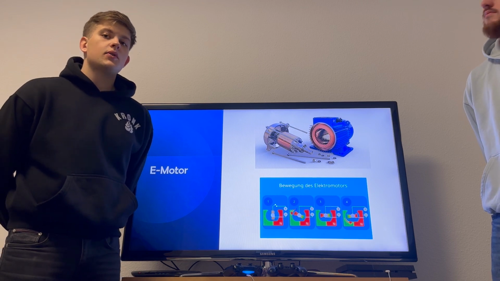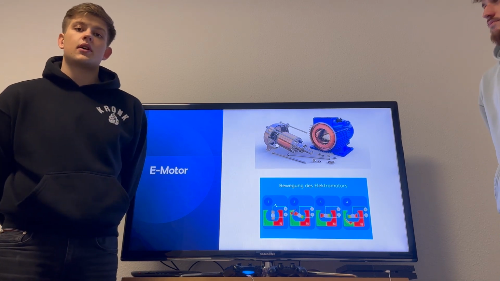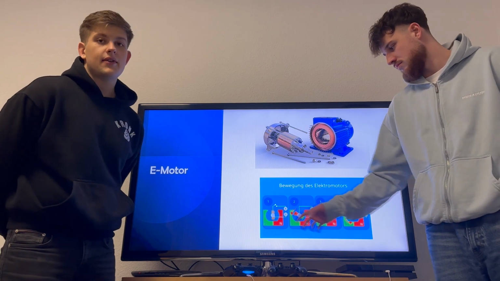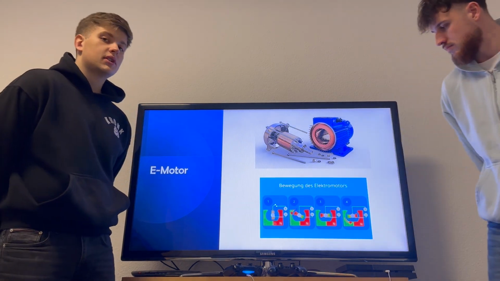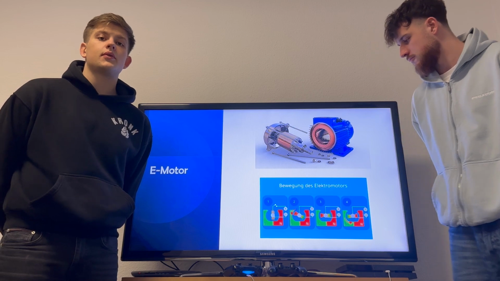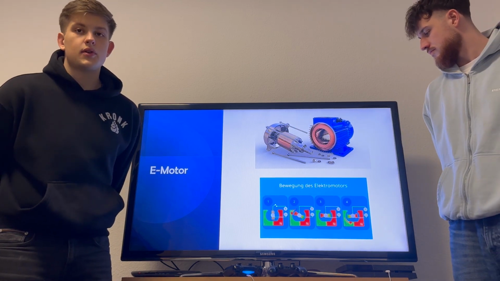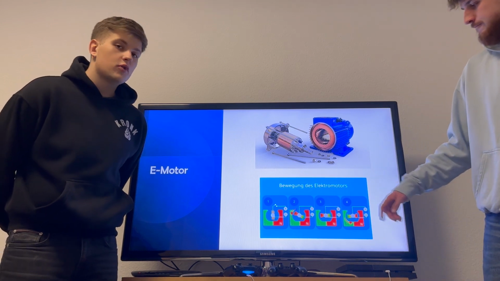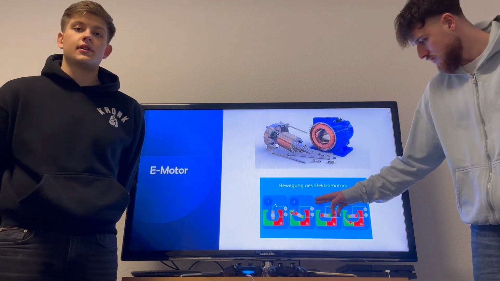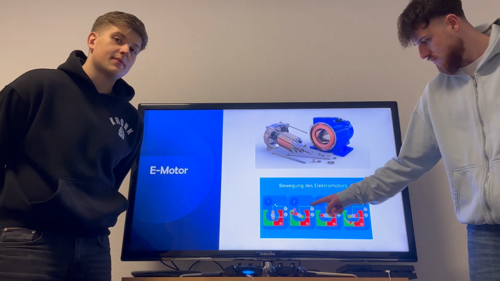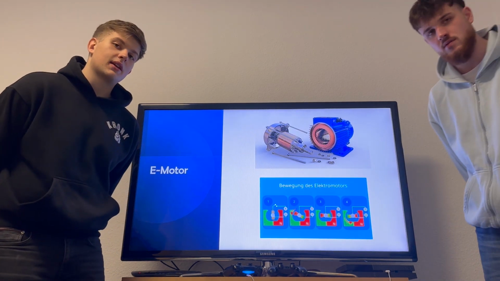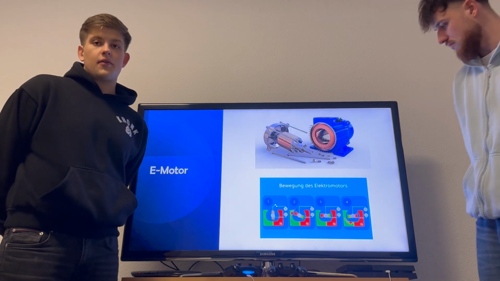So, coming now to the working of an electric motor. At first, the rotor is unaffected, in a vertical position, no current flows through the coil, and therefore the rotor does not yet possess a magnetic field. When you apply an electric voltage, the coil generates a magnetic field, and the iron core, the rotor, becomes an electromagnet with the north and the south pole.